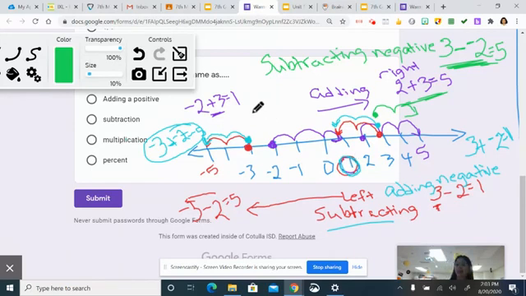What do you think is going to happen if we start off with, look at this one, negative 3 minus negative 2? Is that going to change the direction? We're only looking at this right now. Which direction are we going?